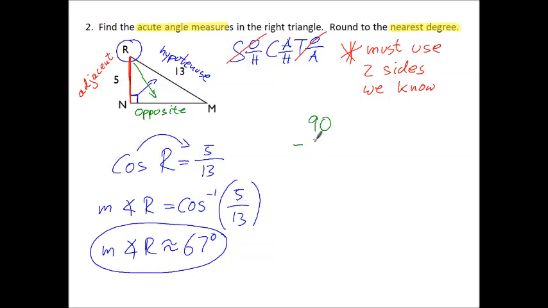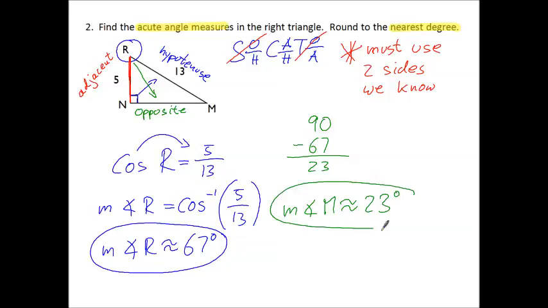And of those 90 degrees, we now already took 67 for angle R. That means there's only 23 degrees left for angle M. So the measurement of angle M is, and since our R was an approximation, we're also going to approximate this, approximately 23 degrees. And the problem is solved.